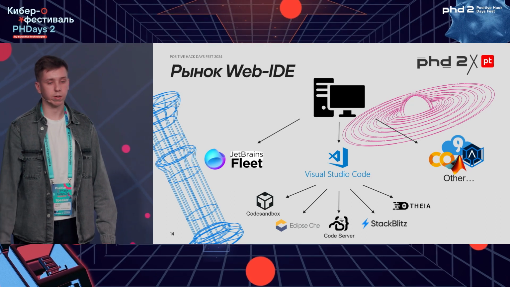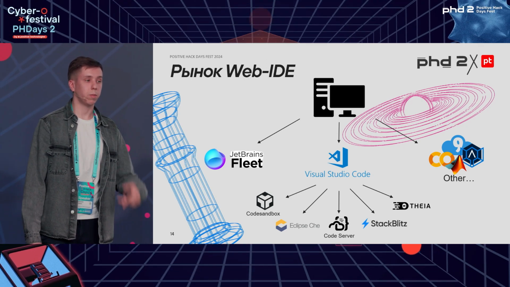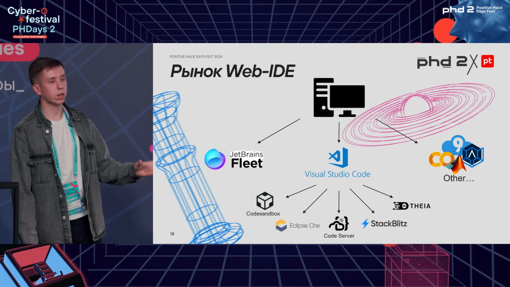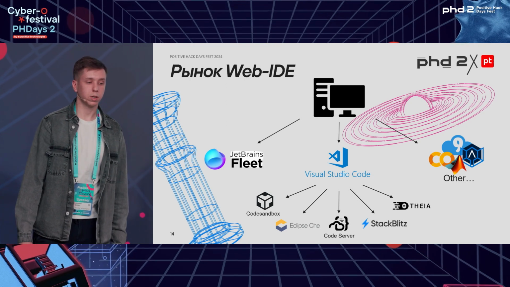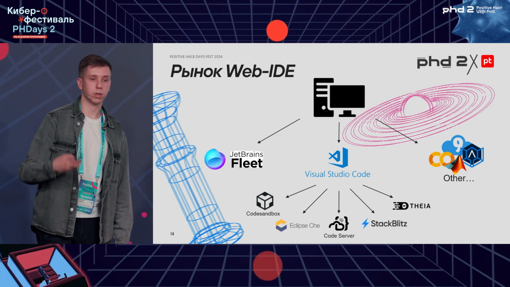Now, back then, the VS Code server patch was not released yet. That's why we chose a particular fork. But, you know, right now, the official VS Code server is available, so I recommend you use it. Okay, what's a code server?